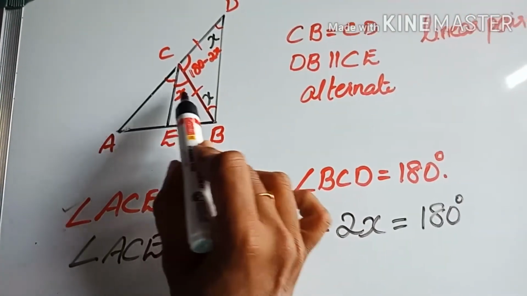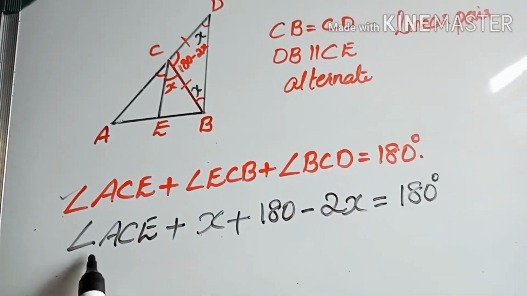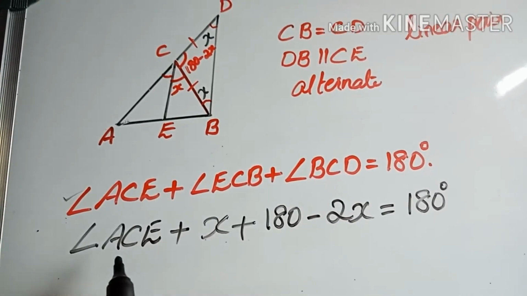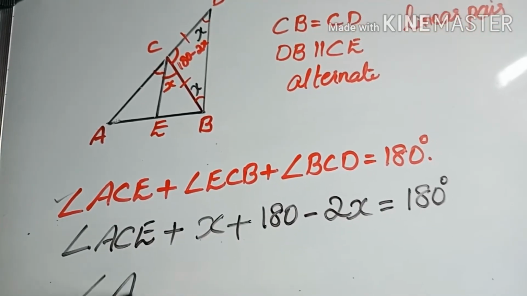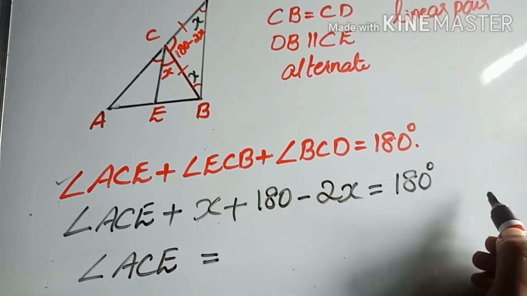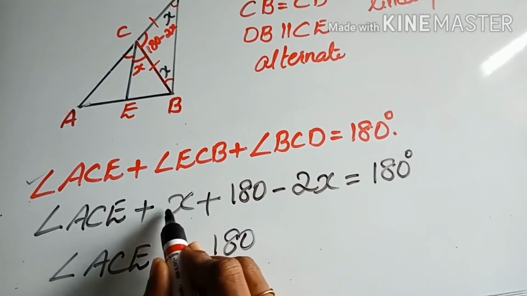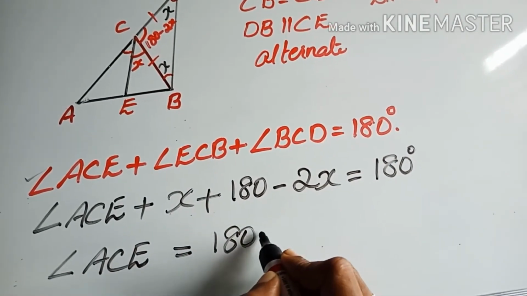Then only we can say that these two are bisected by the line CE. So keep angle ACE here itself. Angle ACE equals, take all these three measures to this side. Here already 180, so 180 plus x comes to this side, it will be minus x.